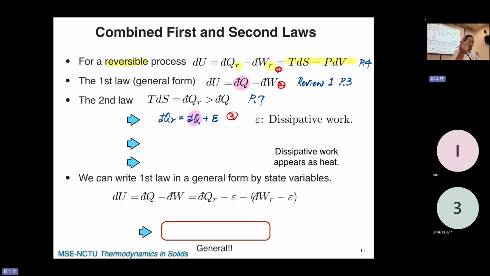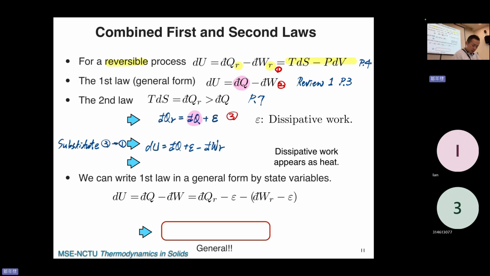So you have equations 1, 2, 3. If we substitute 3 into 1, we can obtain dU equal to d bar Q plus epsilon minus d bar Wr.